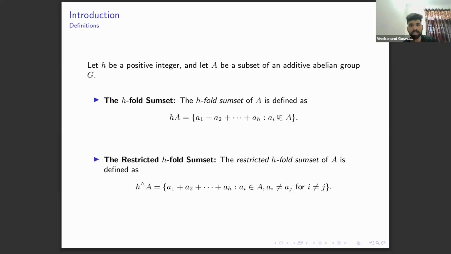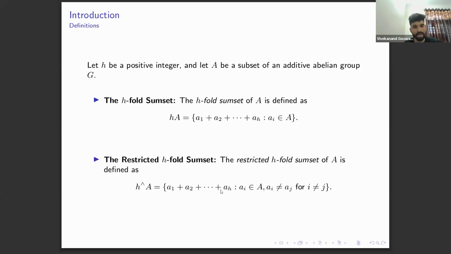For a positive integer h and a subset A of an additive abelian group G, the h-fold sumset is denoted like this, and it is the collection of elements of G that can be written as a sum of h elements of A, where the elements are not necessarily distinct.